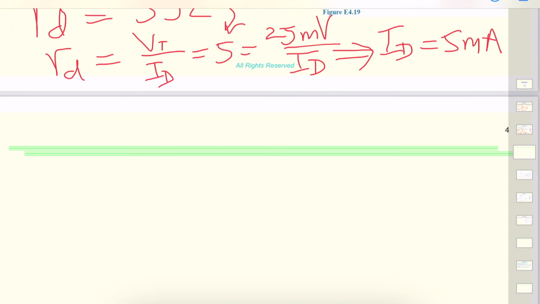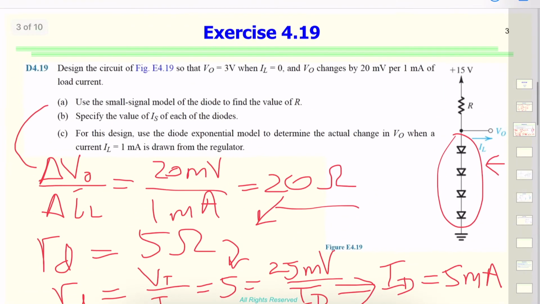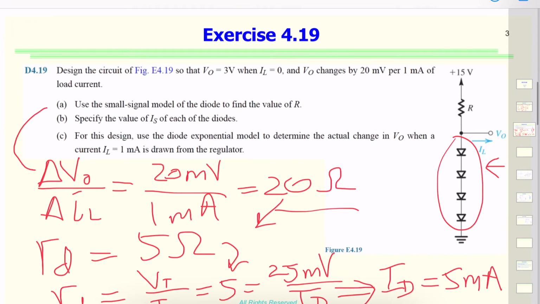Now, what's the resistance now for this circuit? So again, voltage divider, and as we talked about in our analysis, for our small signal analysis, we take this as a ground. So this is now a voltage divider where we are seeing this guy and resistance from this guy and this guy.